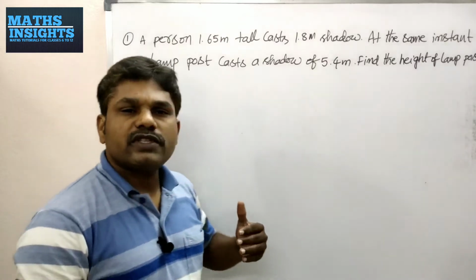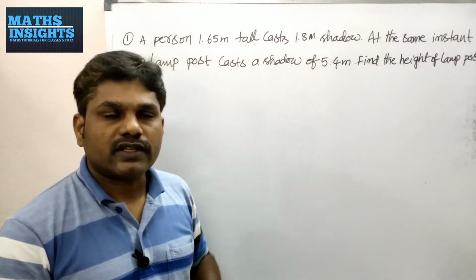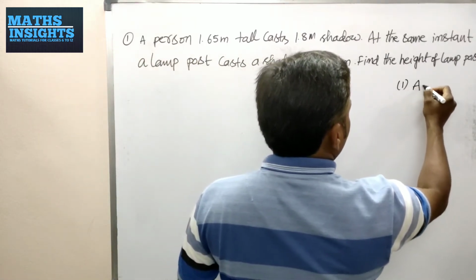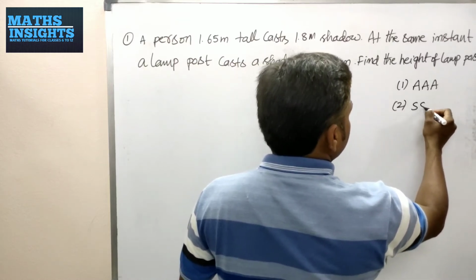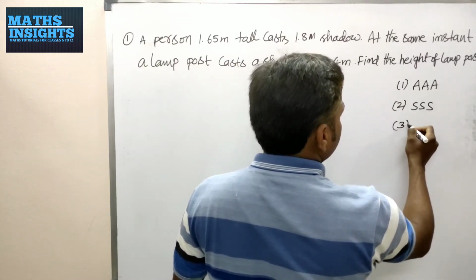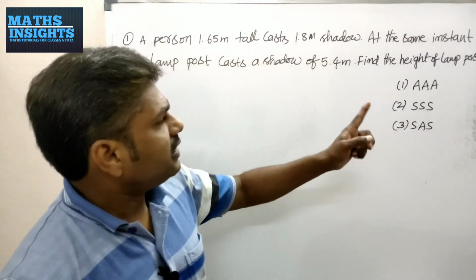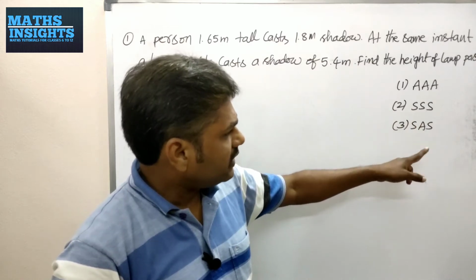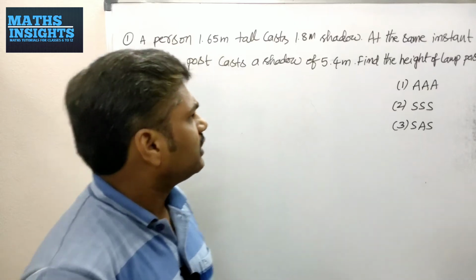This problem is solved by using the criteria we discussed: the first, the second, and the third one, SAS, angle side side. Then we will say that two triangles are similar.